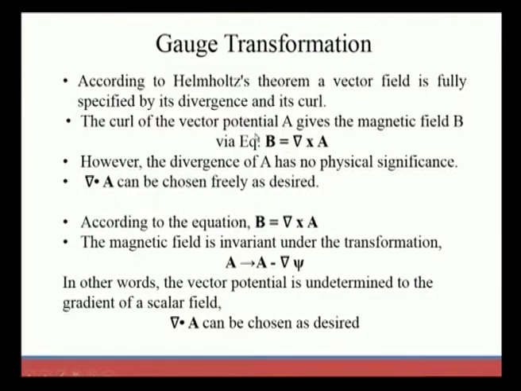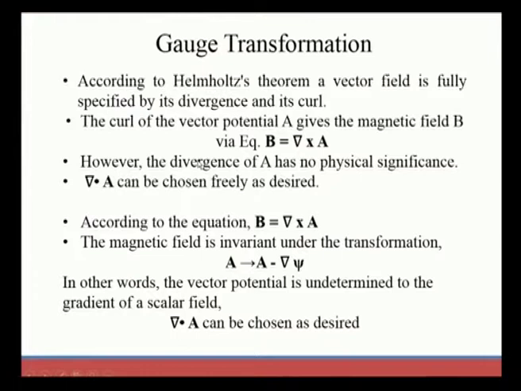So, the curl of the vector potential A gives the magnetic field B. We already know this from finding the magnetic vector potential: B is equal to del cross A. This helps us with what the Helmholtz theorem says, that a vector field is specified by its divergence and also its curl. From this equation, we can say that the divergence of A has no physical significance here.